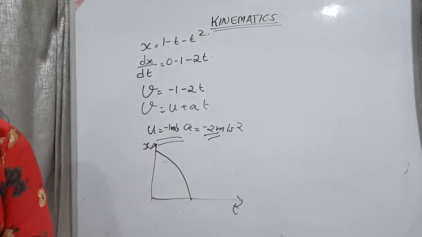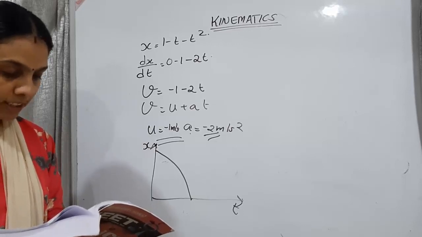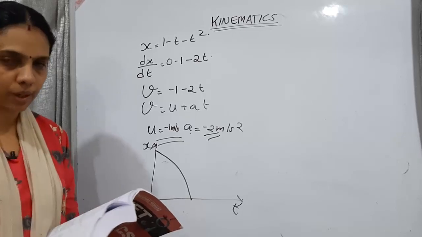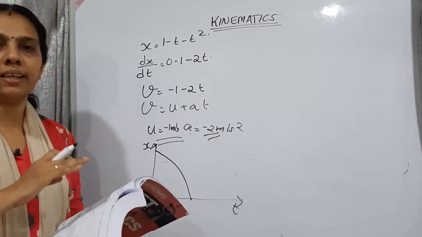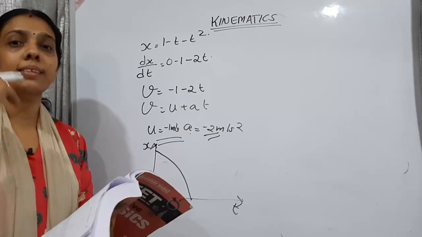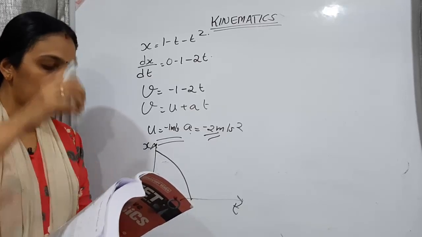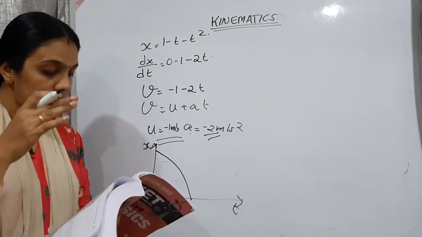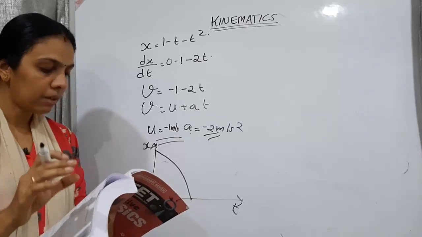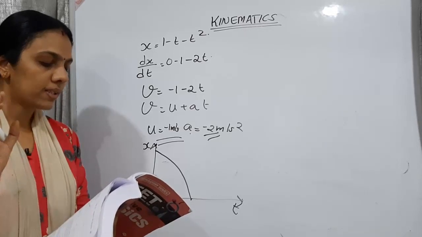Next one is not a graph question. The vertical height of a point P above the ground is twice that of Q. From the ground, we are considering the vertical height, and P's height is twice that of Q. A particle is projected downwards with a speed of 5 meter per second from P, and at the same time another particle is projected upward with the same speed from Q. Both the particles reach the ground simultaneously.